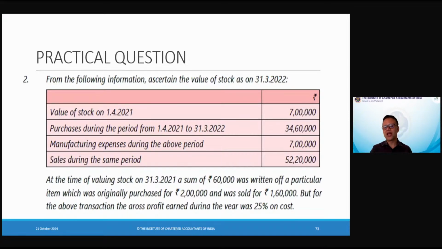Now, from the 2 lakhs, 60,000 was written off, and you got the value of stock on 1/4/2021 as 7 lakhs. Can anybody say, if from 2 lakhs, 60,000 is written off, what will be the value?